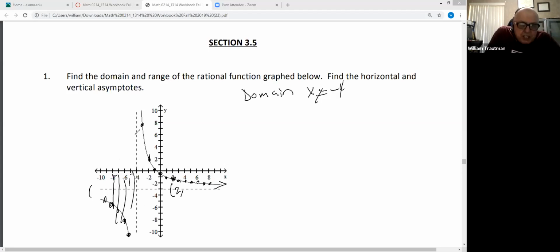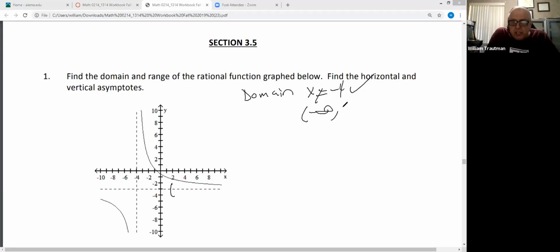The only x you can't have is -4. X cannot equal -4 because that's an asymptote. So the graph cannot cross or touch -4. It equals everything else. So one way of writing the domain is from -infinity to -4, and then it's the union of -4 to infinity.